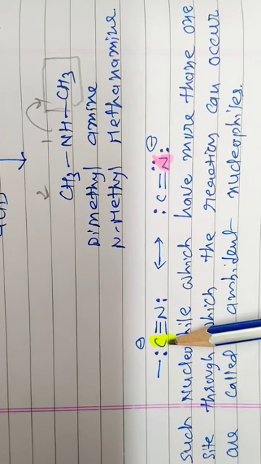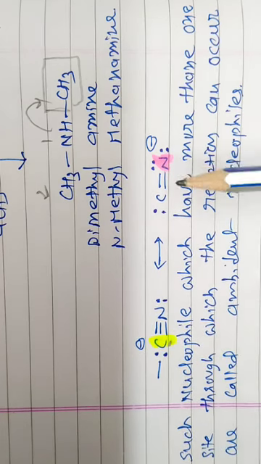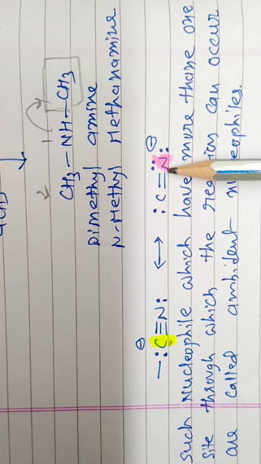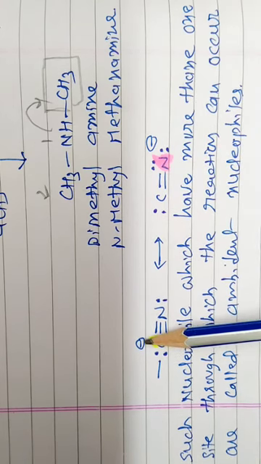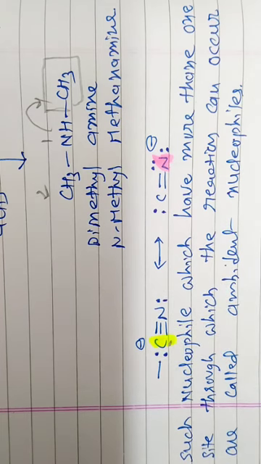Cyanide can attach through carbon as well as through nitrogen. Over here, this negative charge is present on carbon and acts as a nucleophile. While when we are using AgCN, negative charge on this nitrogen, a nucleophilic attack takes place from this atom.